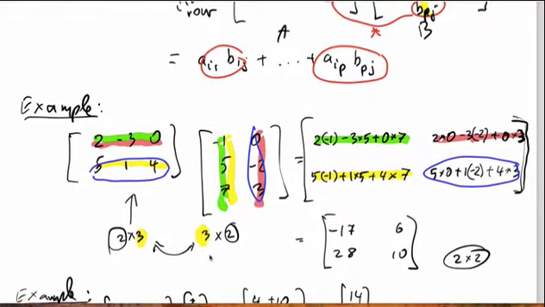And then the definition says that it will be a 2 by 2 matrix at the end. And the way we get the 1,1 entry in this new matrix is that we take the first row from the first and the first column from the second, multiplied entry by entry. So it's 2 times minus 1, minus 3 times 5, and 0 times 7.